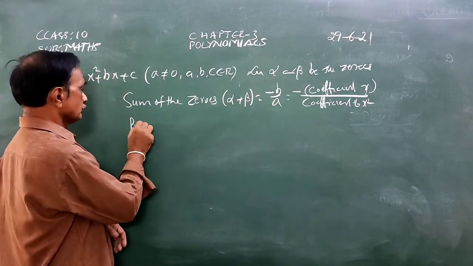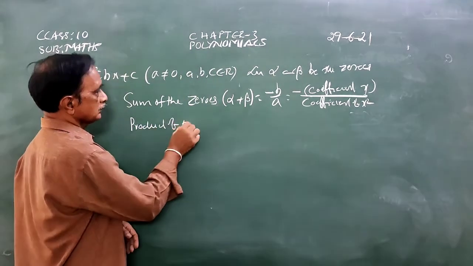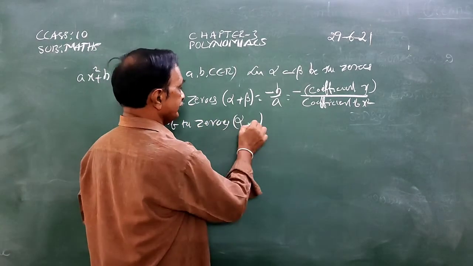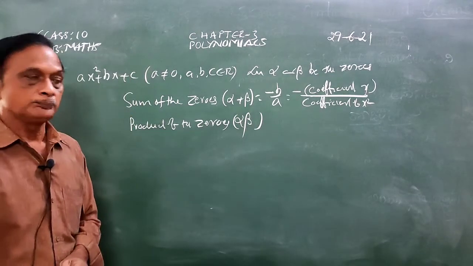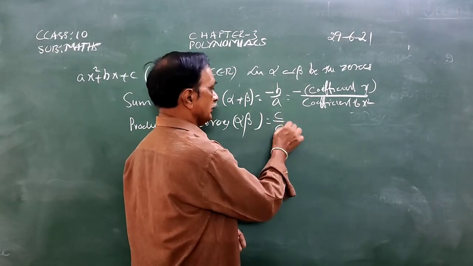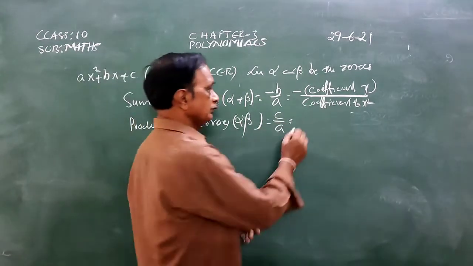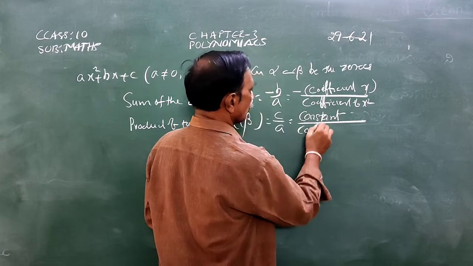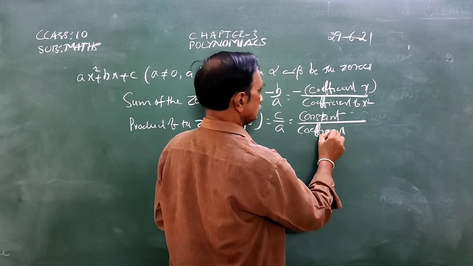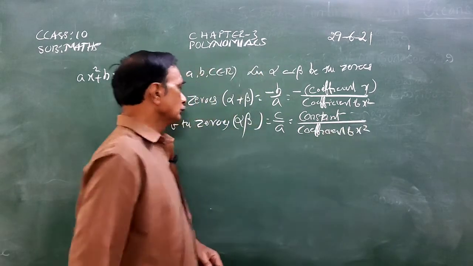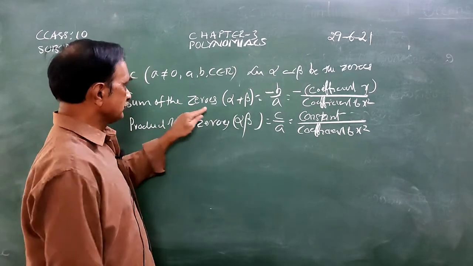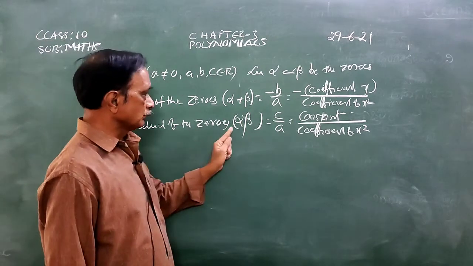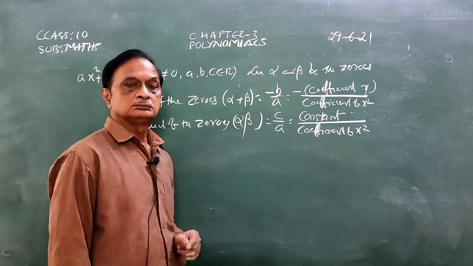Product of the zeros, that is alpha into beta, is given by c by a, where c is the constant and a is the coefficient of x square. So we proved that the sum of the zeros, alpha plus beta, equals minus b by a, and the product of the zeros, alpha into beta, equals c by a.